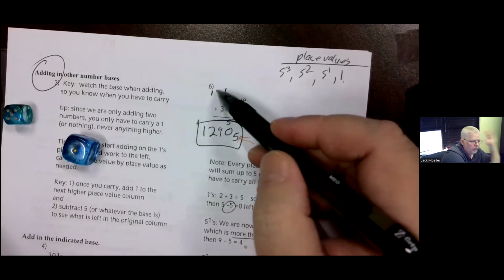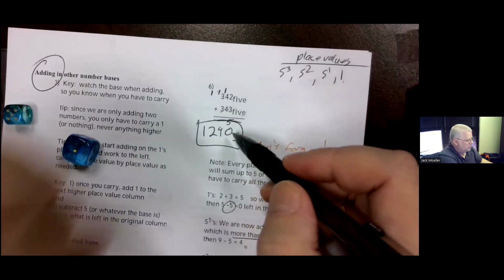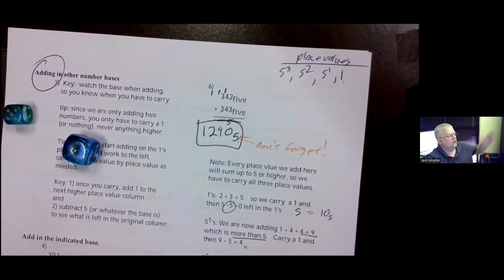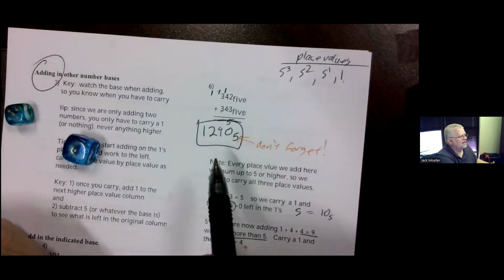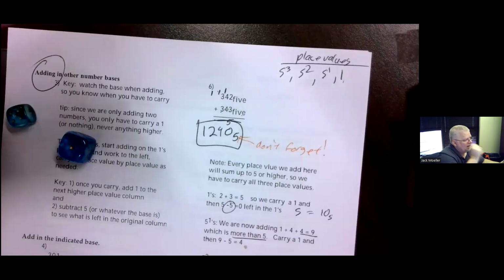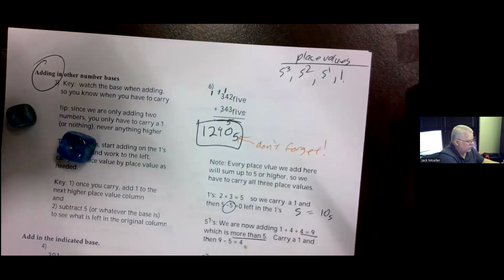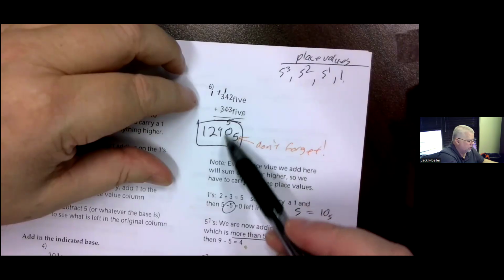So you put that 1 up there like you always do. And then to get what's left over, normally, if your sum is 11, you carry the 1, you have a 1 down here. Or if your sum is 26, then you carry the 2, have a 6 here. That's only for base 10. Since we're in different bases, you have to subtract that base from your sum to get the leftover.